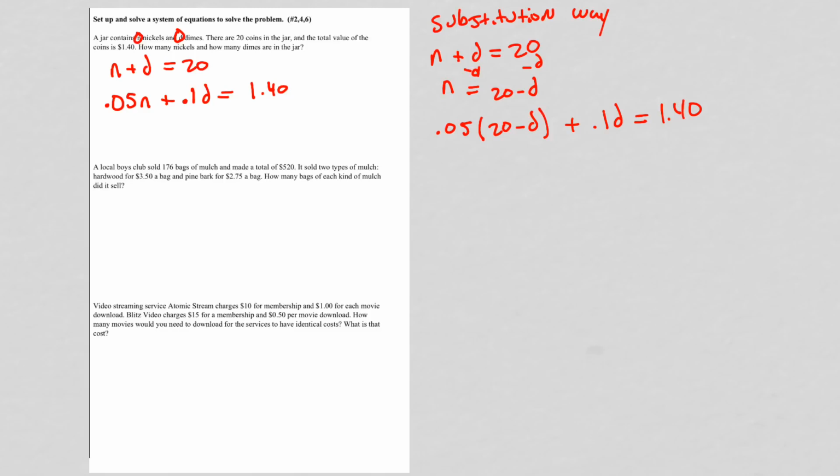This is where your calculator is going to come in handy. 0.05 times 20, when I multiply this out, I get 1. 1 minus 0.05 times d is minus 0.05 d. And then these terms just carry down. So plus, even I'm making errors as I'm doing this, plus 0.1 d is equal to $1.40.